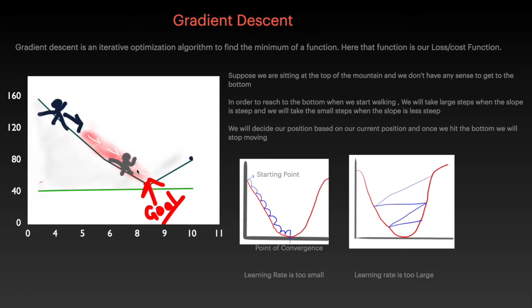But if we move too fast, it could be possible that we skip this local or global minimum. We may randomly take steps, moving upward and downward, and after a lot of iterations we may come to this point. This step size is basically known as the learning rate, or alpha.